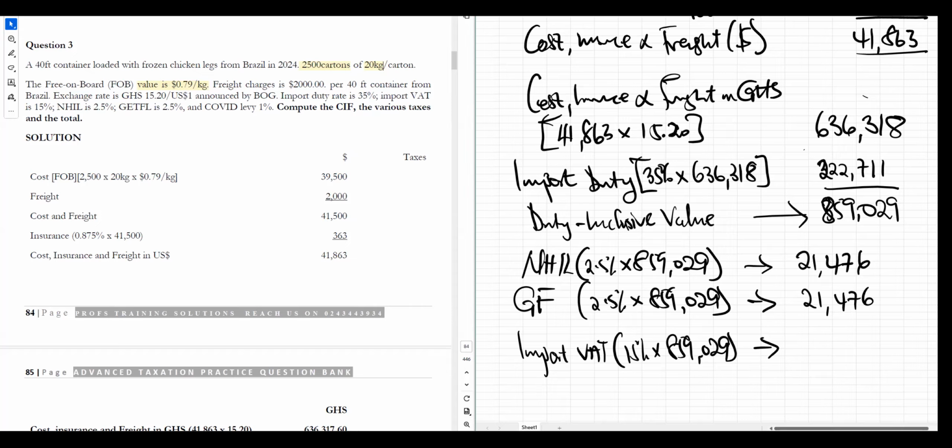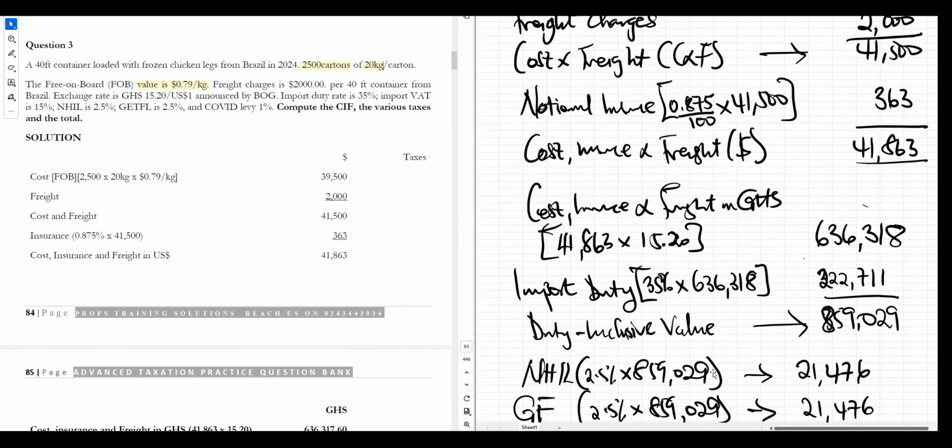So the import VAT is 128,854. Okay, good. So now, what are the total taxes we have?